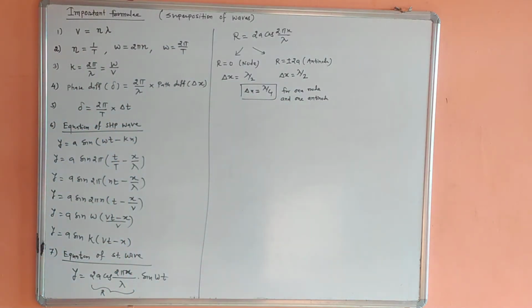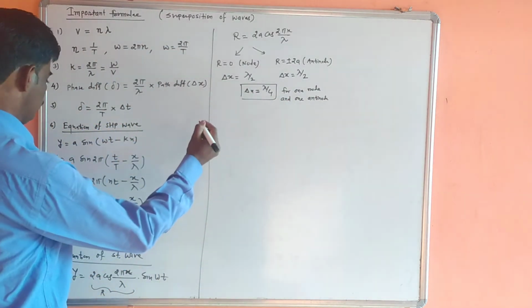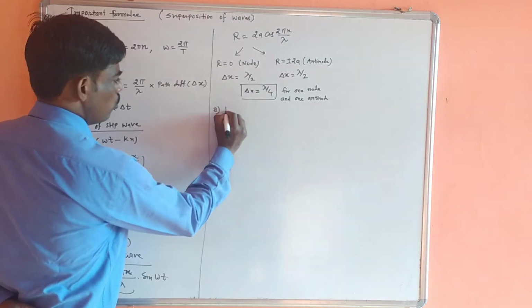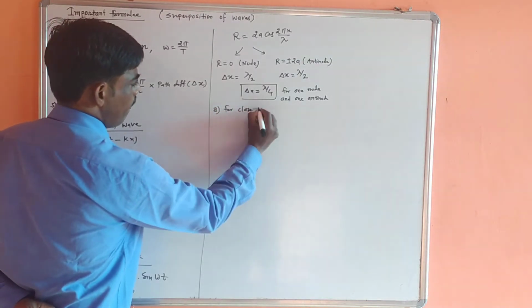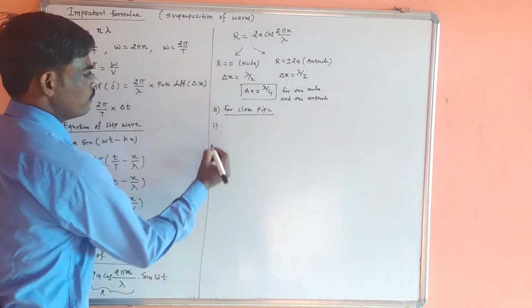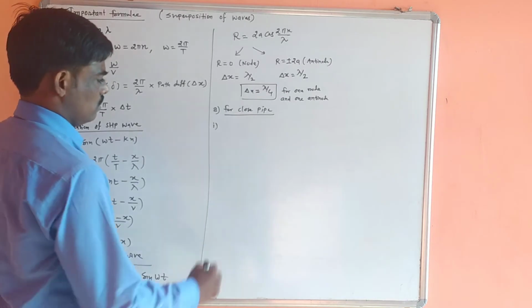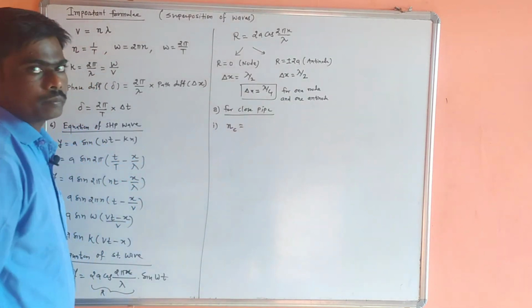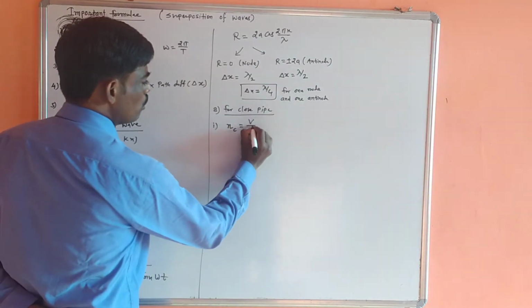So a question may be asked this way. Then later on, we have formed this stationary wave for closed and open pipes. So for closed pipe, the fundamental frequency, that is nC, frequency for closed pipe, becomes v upon 4L.